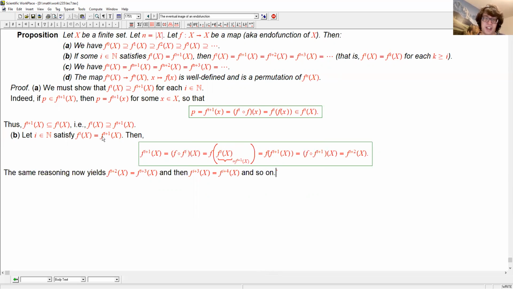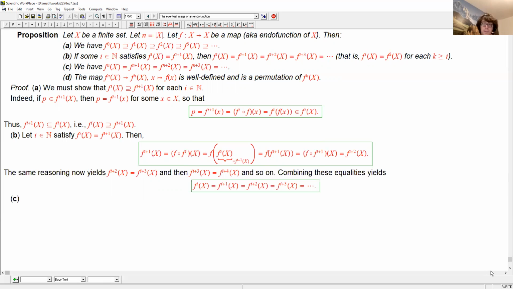This doesn't mean that any single element will be sent to the same place under f^i and f^(i+1). It only means that if you look at the set of all images of f^i and the set of all images of f^(i+1), so all values, the sets will be the same. And combining these equalities yields exactly this chain of equalities that we want. So part B is solved.